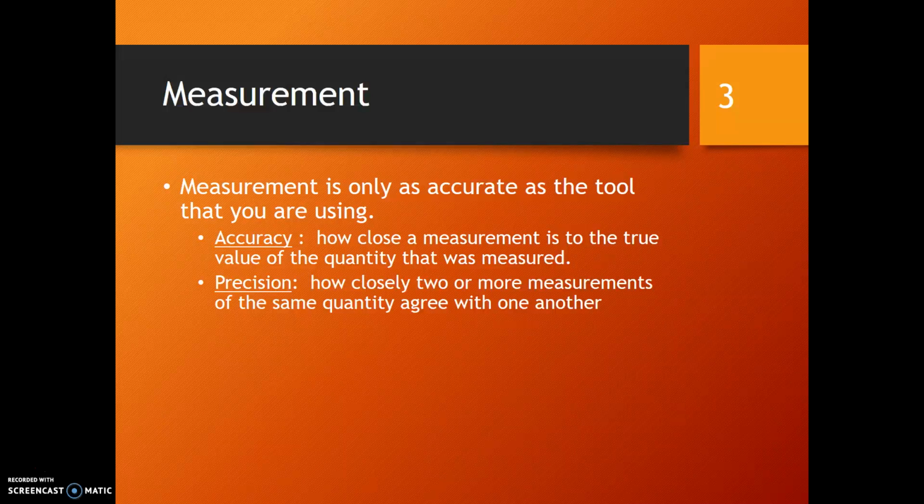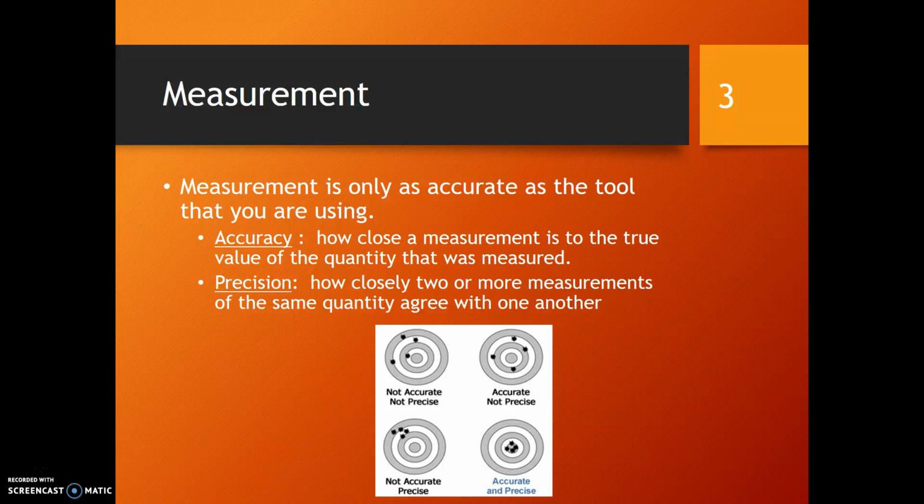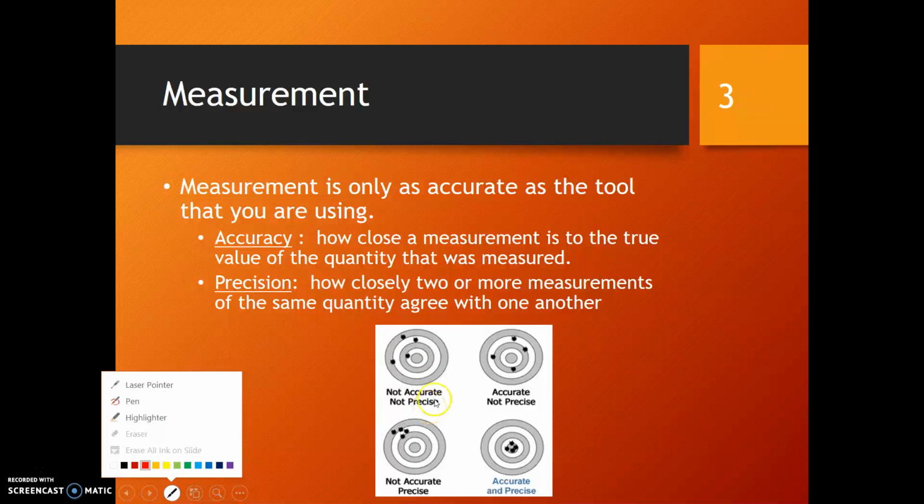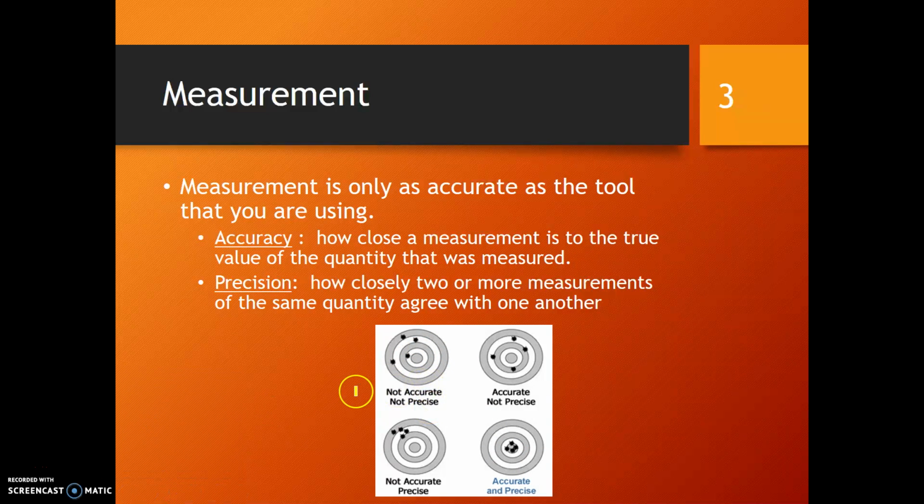So a good way of explaining this is to look at a target. So if we were to play darts with the target, the first one right here shows, let me go ahead and circle this. This first one shows that 3 different darts were thrown at the dartboard.